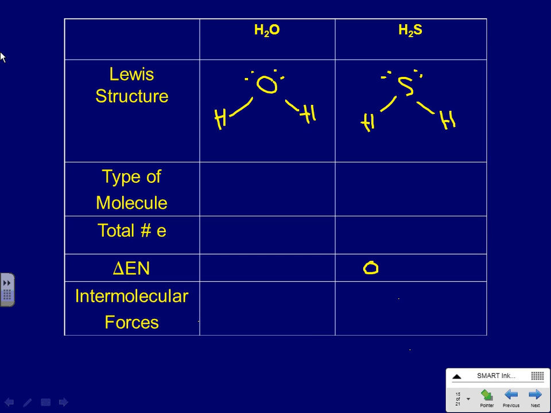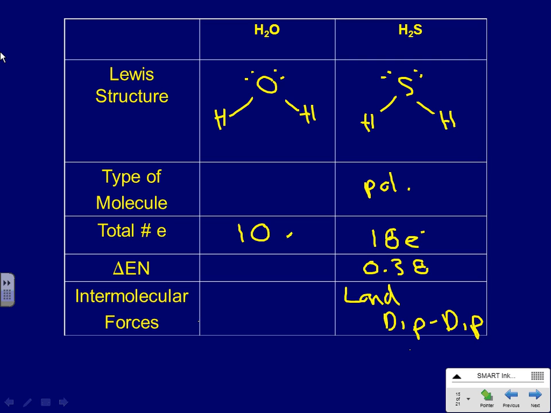We've seen H2S, haven't we? 0.38, therefore it's polar, therefore it's London, and this is not one of our O, N, or F, so this is dipole-dipole. And is it 18 electrons for this one? Yeah, 18 electrons. Because I just did the water, that's 10 electrons.